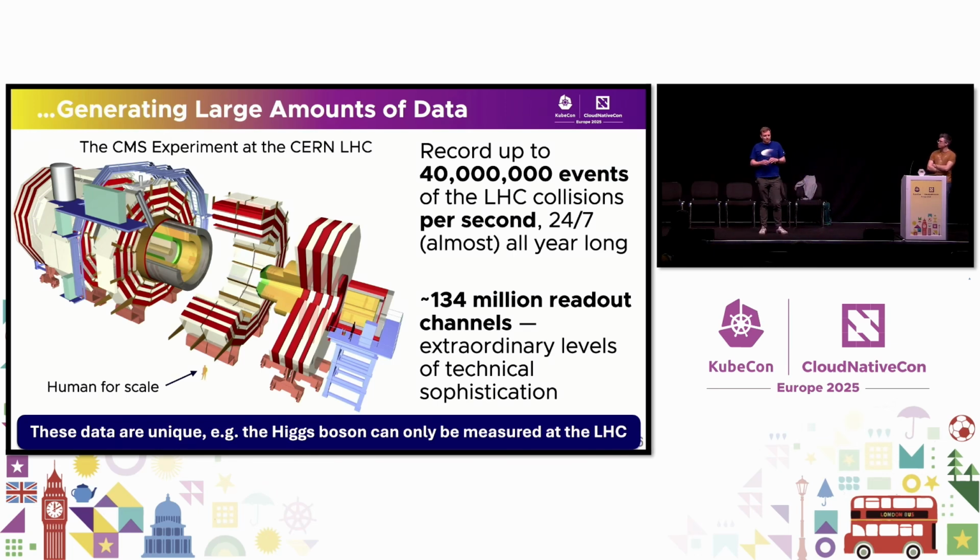This experiment is 15 meters in height and 25 meters in length, and we get a lot of collisions from the Large Hadron Collider, up to 40 million events per second, and this is happening 24/7, almost all year long. You can imagine this is some kind of camera with 134 megapixels, taking these photos every 25 nanoseconds. So this is a bit better than what you probably have in your pocket as your smartphone.